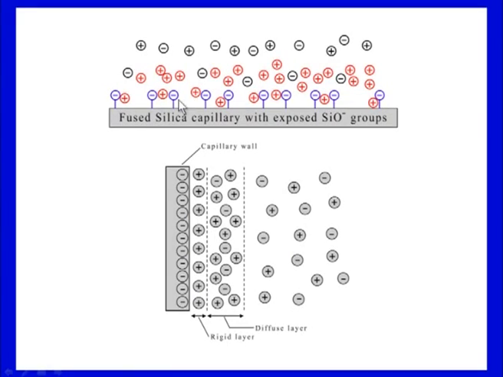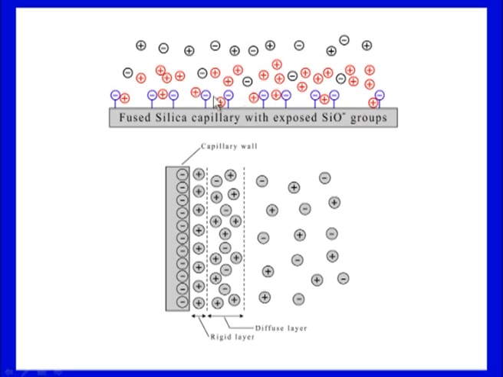So, here you have a situation where electroosmotic flow dominates, and even when negatively charged species might be trying to go to the other side, they are not able to because of this electroosmotic flow. This figure explains what I have already said: there is a fused silica capillary with negative charges, which, as I said, are charged differently at different pH.